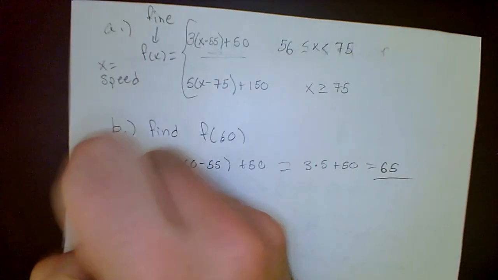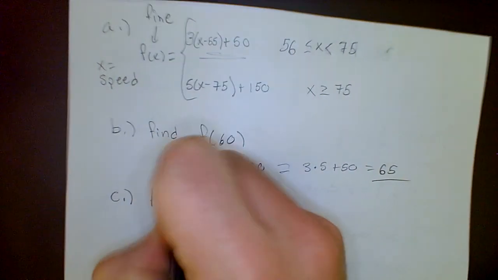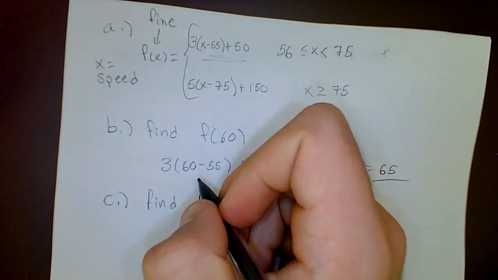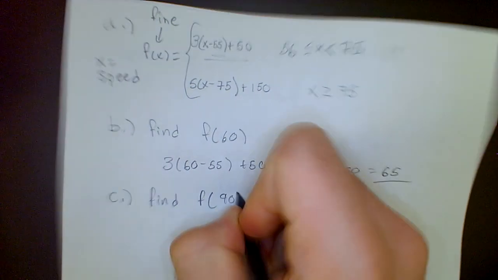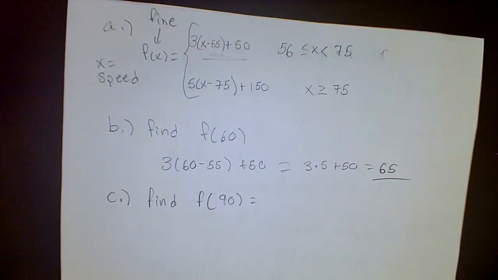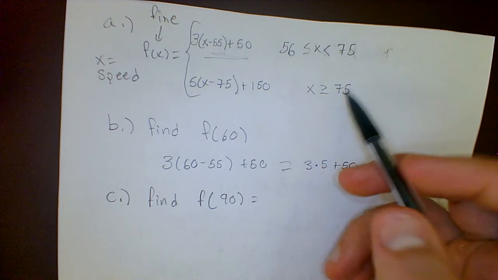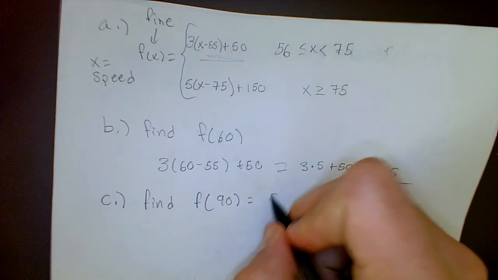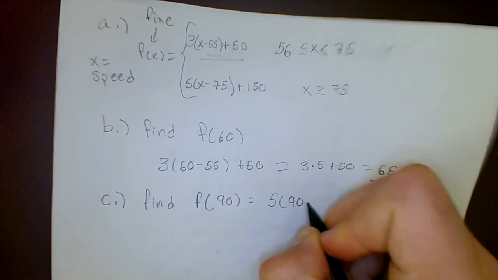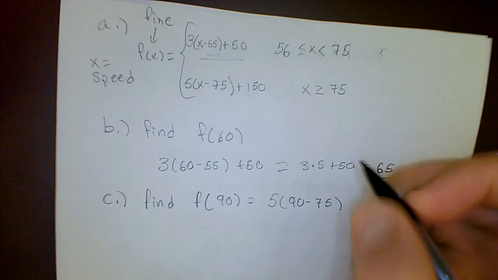Okay, so what about C? Find f of 90. Okay, so 90 is definitely bigger than or equal to 75, so we have to use this definition. So it's 5 times (90 minus 75) plus 150.